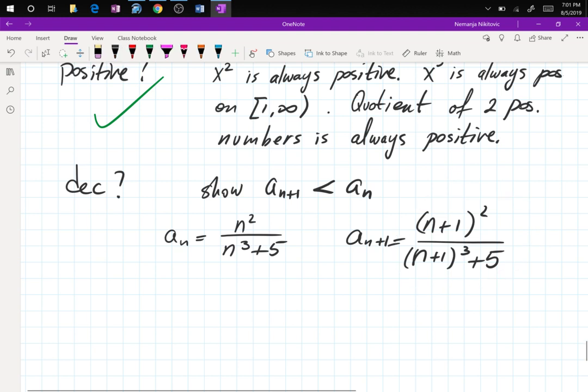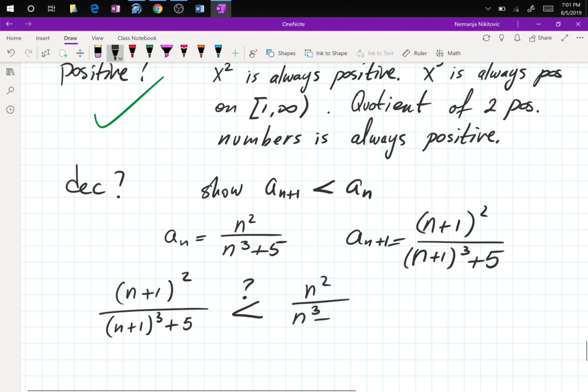So (n plus 1) squared over (n plus 1) cubed plus 5 needs to be smaller than n squared over n cubed plus 5. If this holds, it will show that the next term is always smaller than the previous term, meaning decreasing.